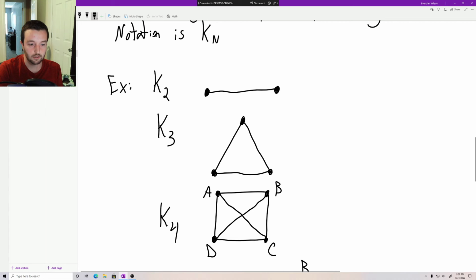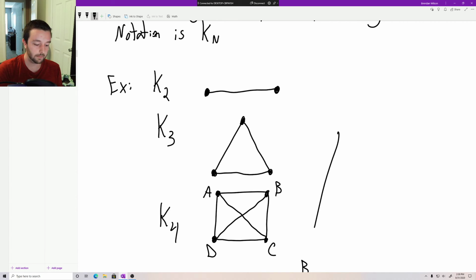Okay. Oh, I'm sorry. I think I had that backwards. Yeah, never mind. Sorry. Complete graphs do have Hamiltonian circuits, or Hamilton circuits.